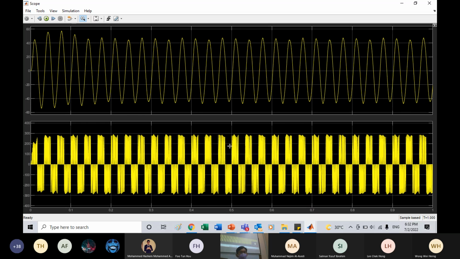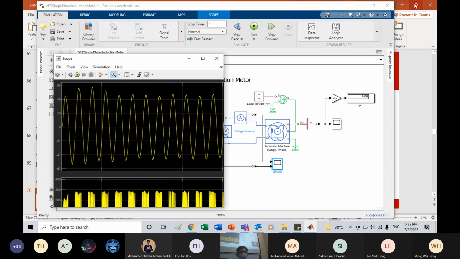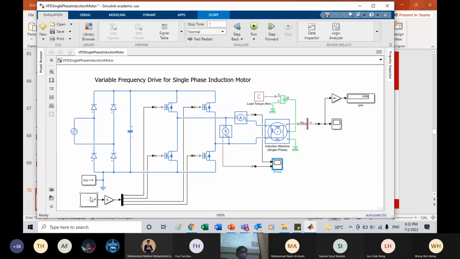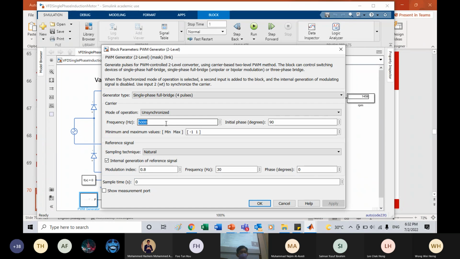By using the SPWM. Of course, you can play around to see the difference if I reduce this to 500 Hertz.